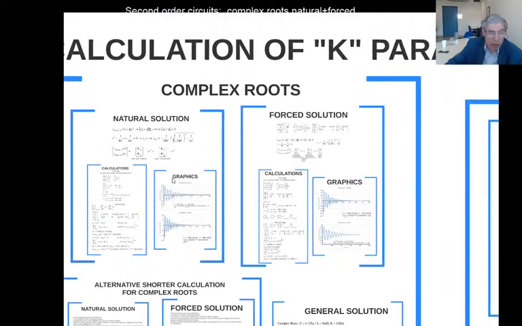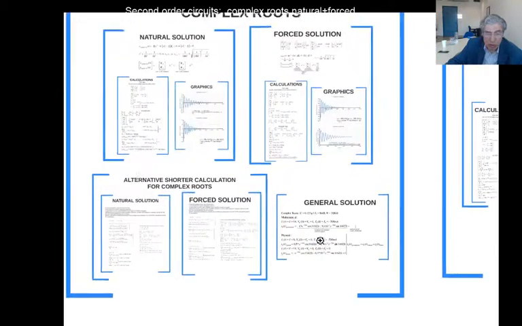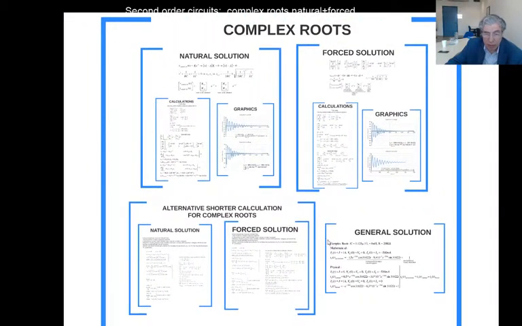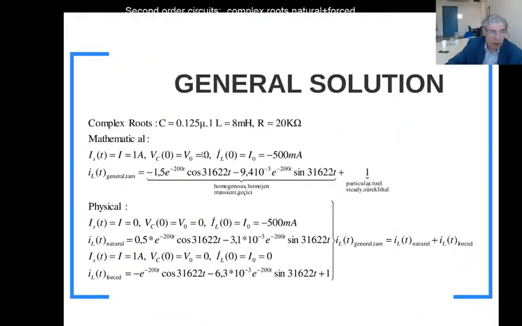So if you add the corresponding graphs, natural solution and forced solution, we are going to find the general solution. Here you are, the general solution we found here. Let's go a bit in detail. When it is mathematical, it is this. When it is physical, natural solution plus the forced solution, you're going to end up with that solution, so you can check it.